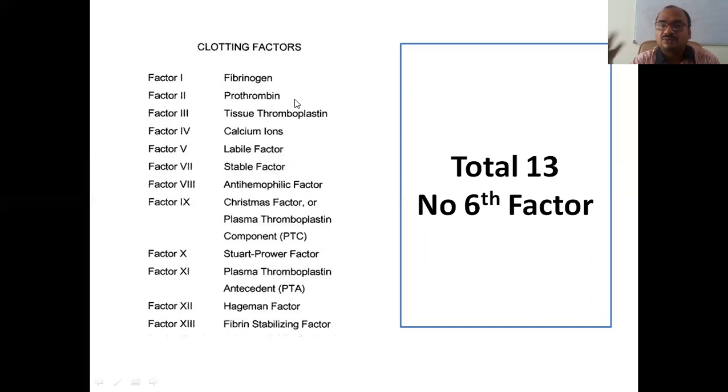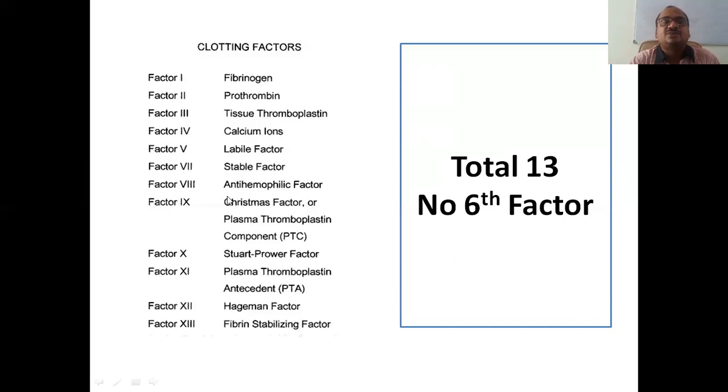Pro means before, so you can keep in mind it is 2, prothrombin. 3, tissue thromboplastin. 4, calcium ions. It is very easy, 4 is calcium. 5th is labile factor. 7th is stable factor. Labile means 5, stable means 7. There is no 6th.